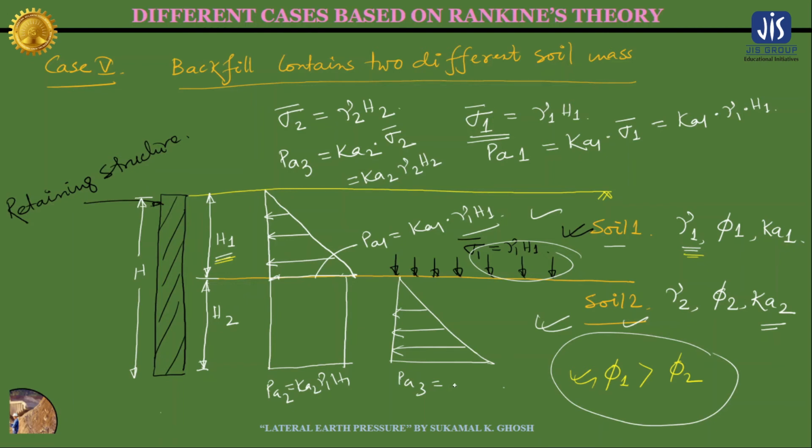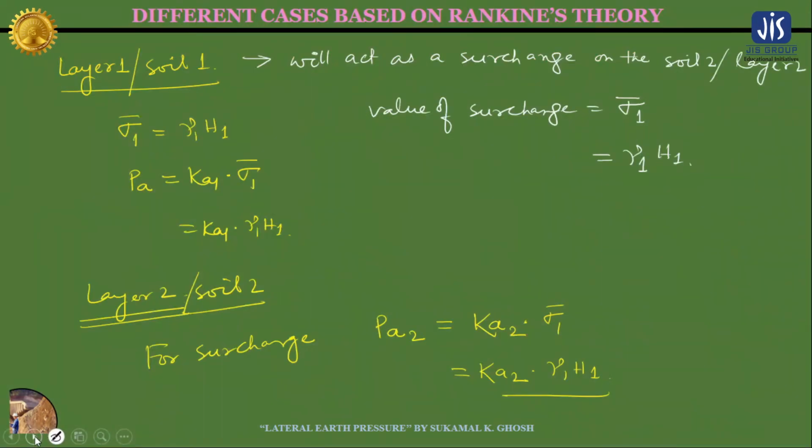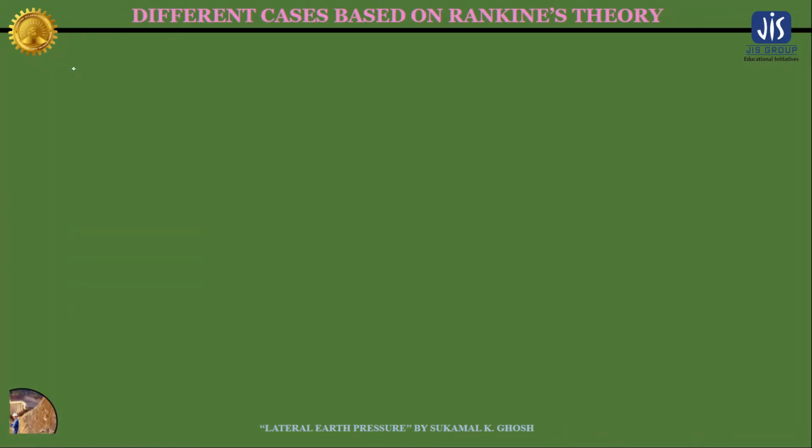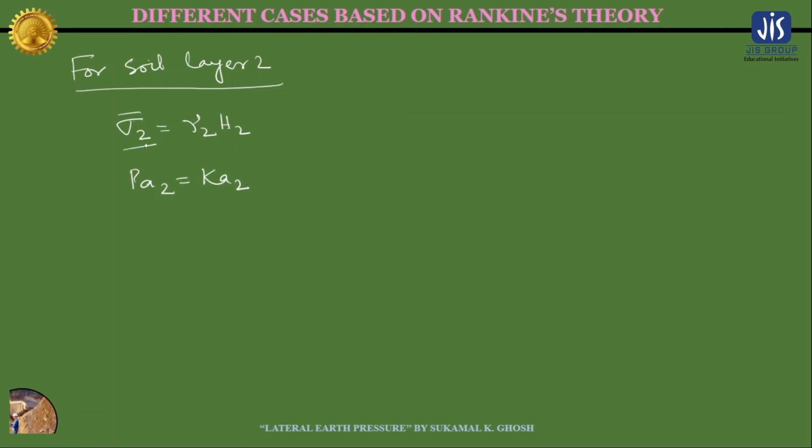So this will be Ka2 gamma 2 into H2. Let me write it here. For layer 2, the effective stress will be gamma 2 into H2, and that is why Pa2 will equal Ka2 into this sigma 2 bar, which equals gamma 2 into H2.